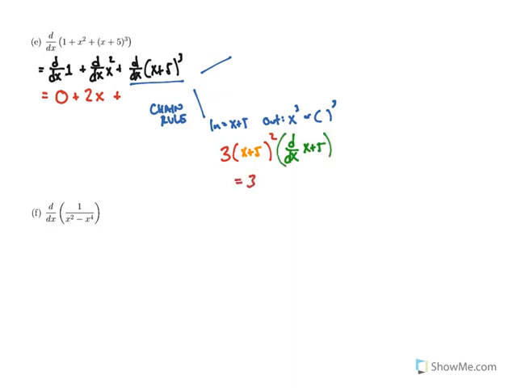This is going to be 3 times x plus 5 squared. We can put that as our answer there.